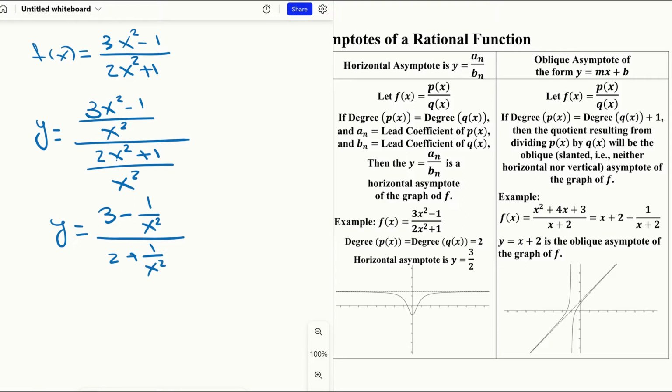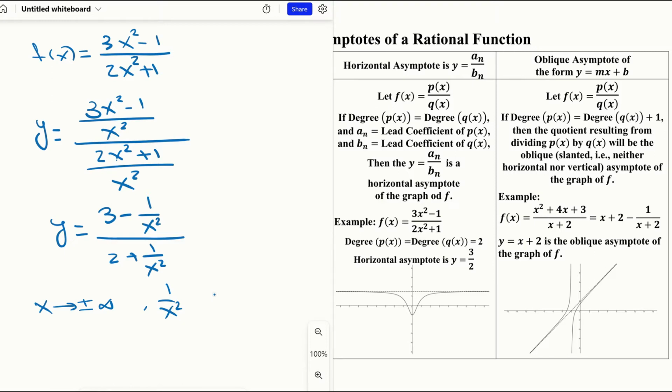All right, so let's take a look at what happens as x approaches either positive or negative infinity. I could handle those in separate cases, but they're both going to end up being the same. So notice that what happens to 1 over x squared when x approaches either positive or negative infinity, again, is going to be 1 over a huge number.